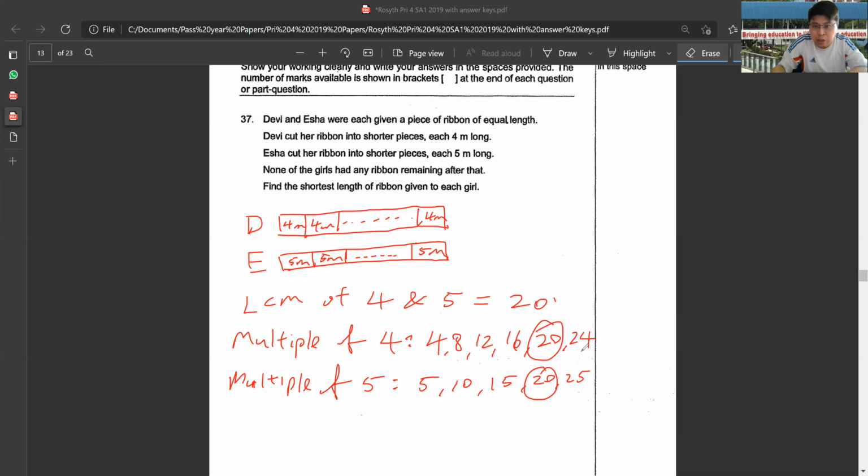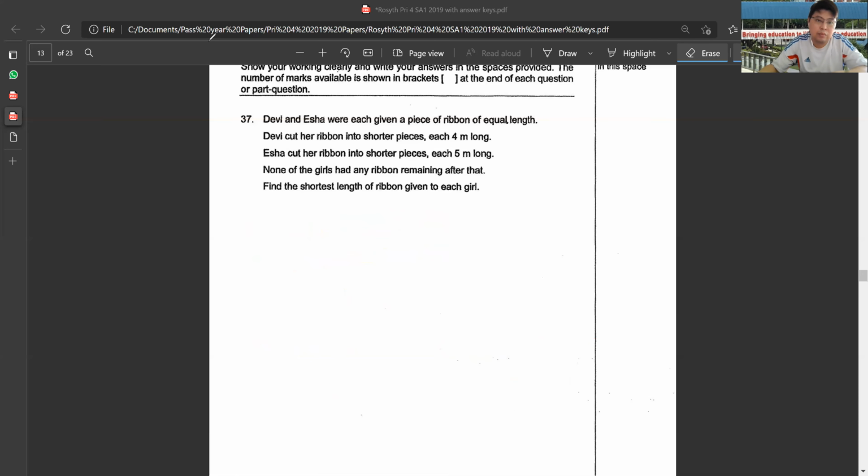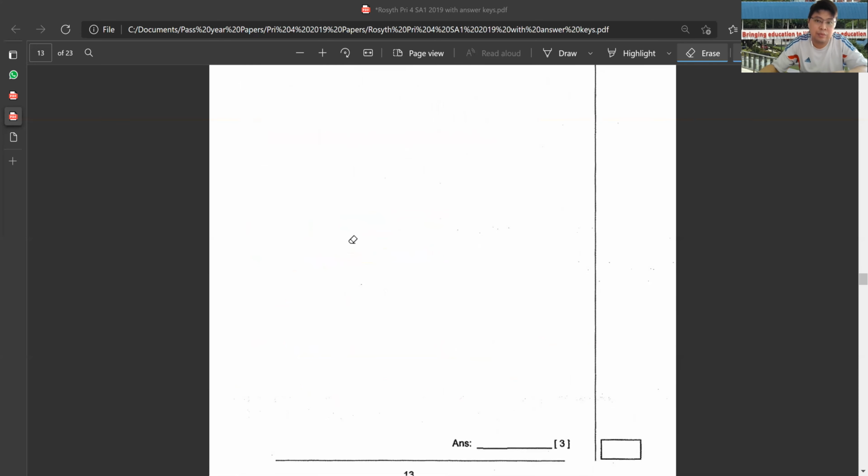So the answer is 20, because they want the shortest, so the shortest would be 20. So you find the lowest common multiple. Okay?